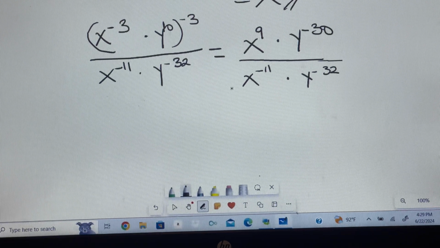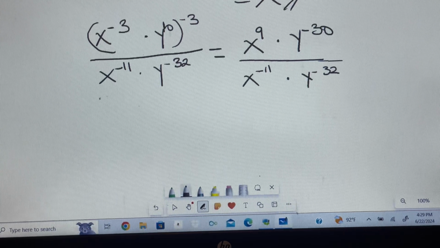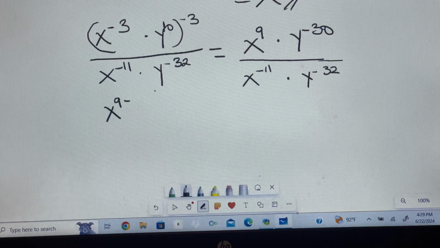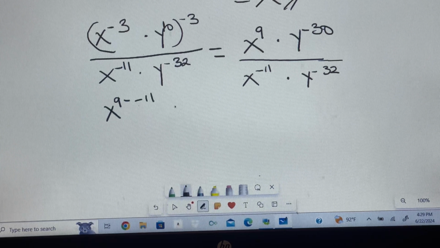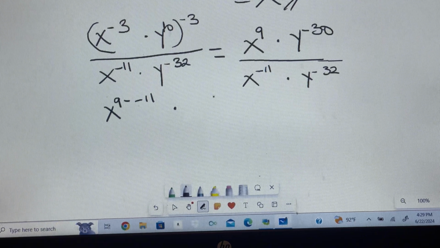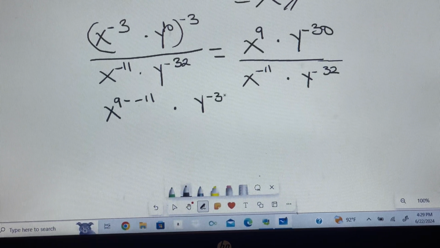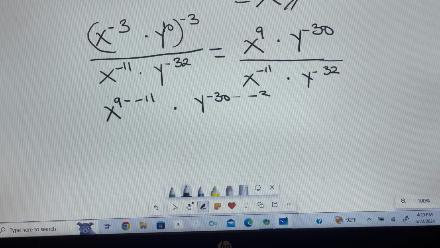So we're gonna do the division rule now. So x to the power of 9 minus negative 11, multiplied by y to the power of negative 30 minus negative 32.